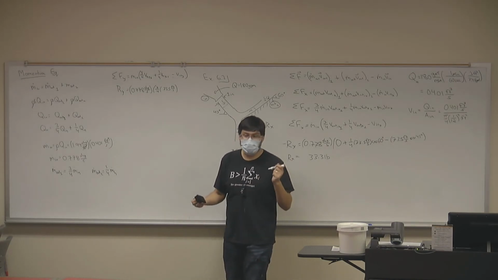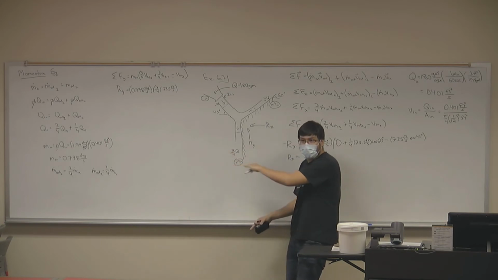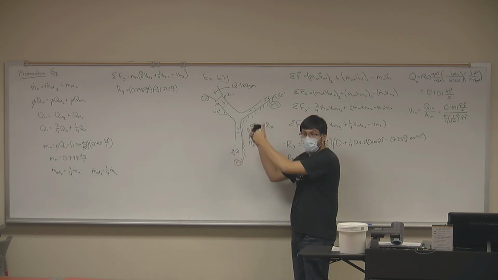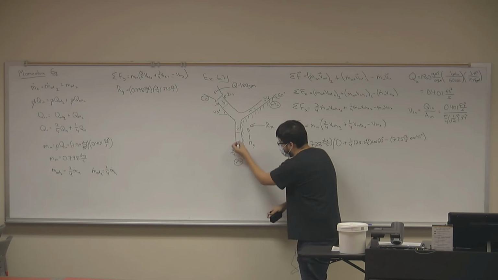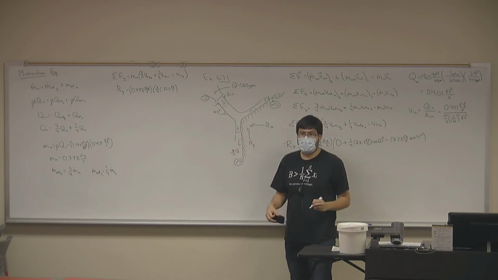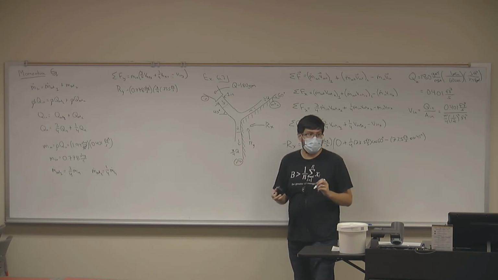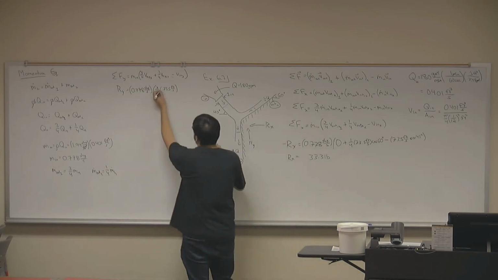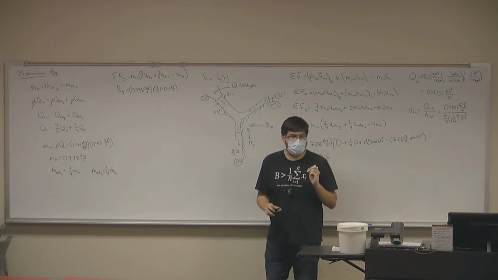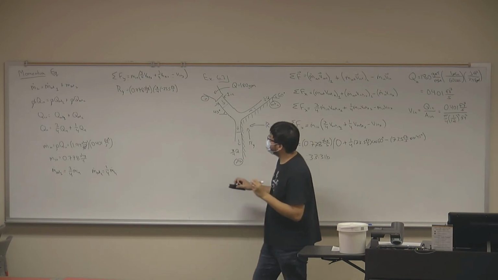A negative sign, right? Remember, we're taking our x-axis to be horizontal to the right, and y-axis vertical upwards. But notice that this velocity vector is moving downwards. Therefore, the y component of that vector should be a negative scalar value. Okay? So we get negative 73.5. And that's a very important distinction to make, okay?